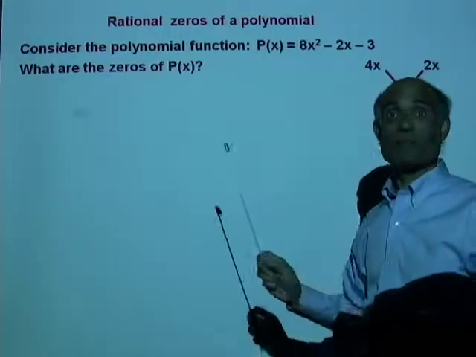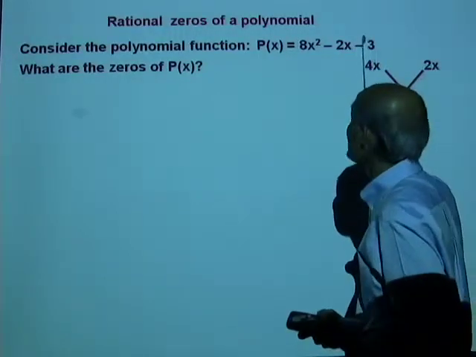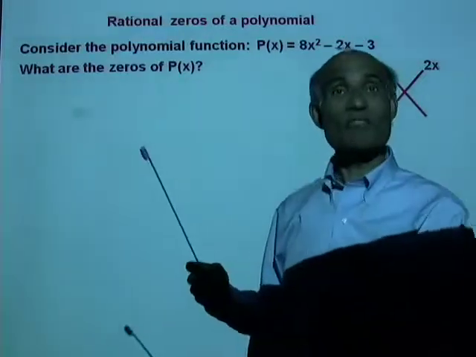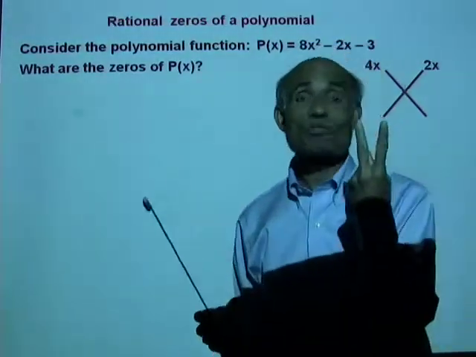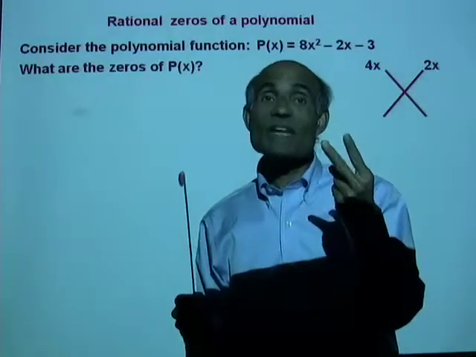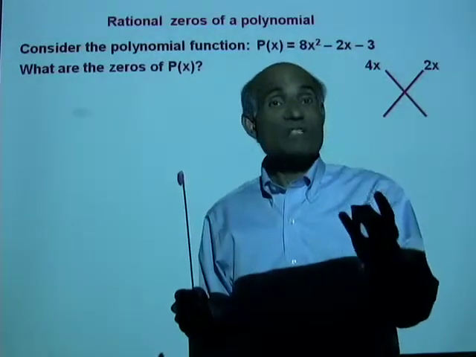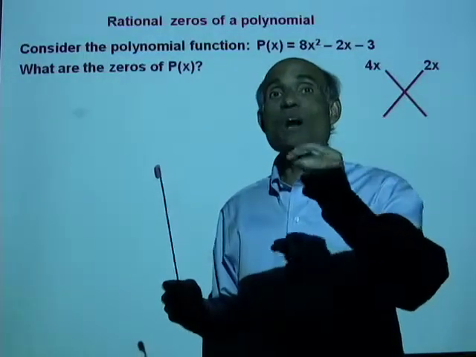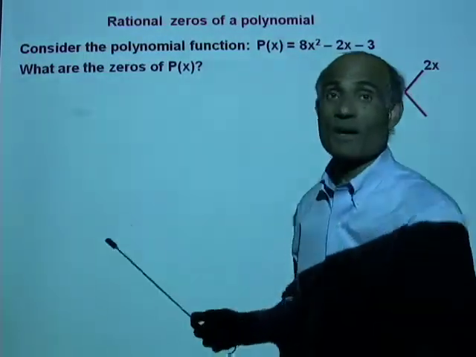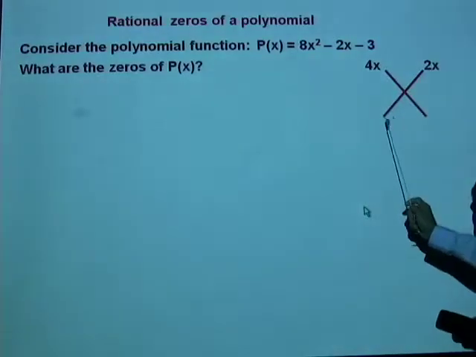And then factor the last term, negative 3. What are the factors of negative 3? There are only two possibilities: either 3 times negative 1, or negative 3 times positive 1. And remember again the method I gave you.